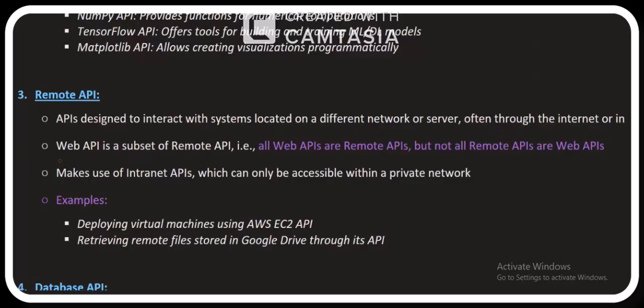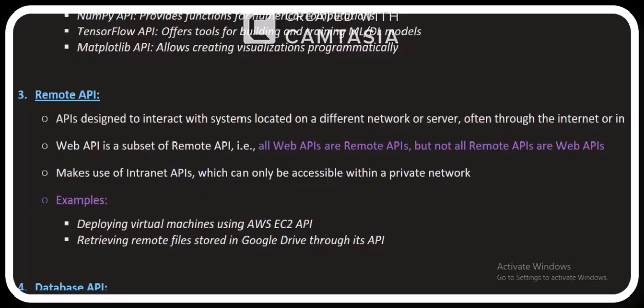Now, will your app and that weather API's app be on the same server? Will it be hosted on the same network? No, right? But even then, you are able to interact with it. How is that? So in a broader sense, that is a remote API, right? So guys, that's what remote APIs are.